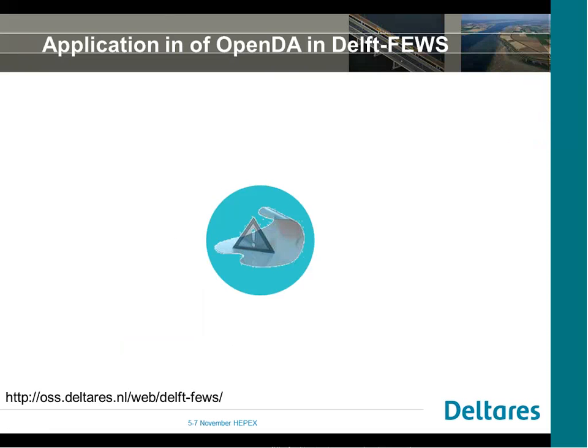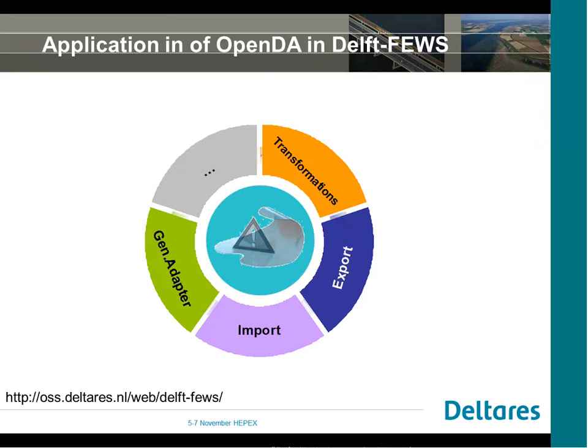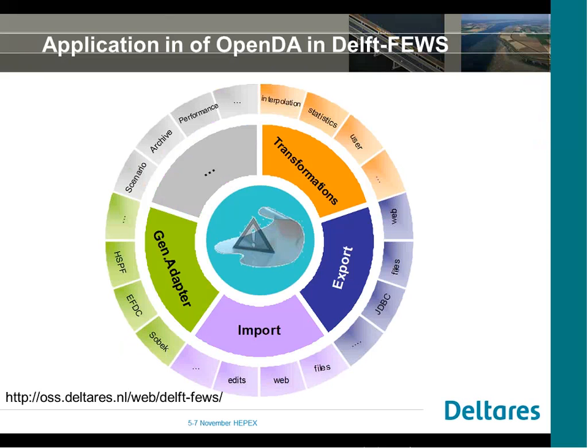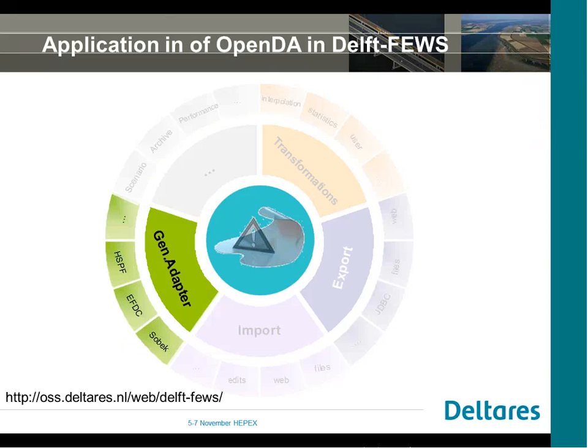As I said, I'm mainly using it within the Delft-FEWS platform. I don't want to go into depth about all the things that are in Delft-FEWS, but I'd like to focus on how models are being run within the Delft-FEWS system.